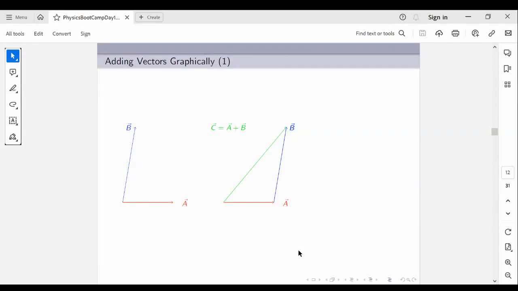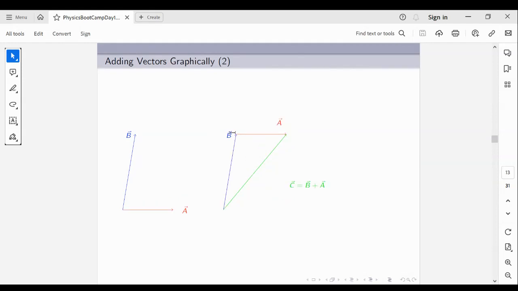This process could have been done the same way if we added B to A. If we add B to A, we're first going to have the two vectors share a common origin at the tail, and then we're going to move the tail of one vector to the head of another vector.